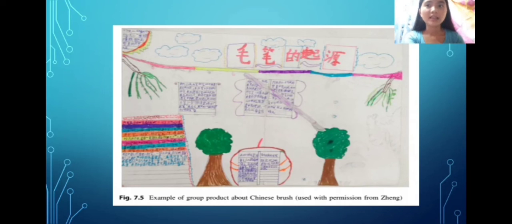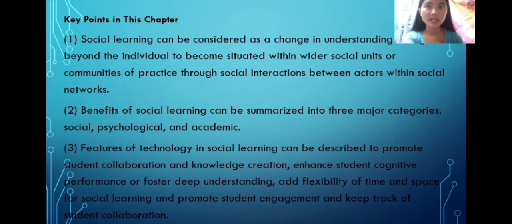And now, let's proceed to the key points in this chapter. First, social learning can be considered as a change in understanding that goes beyond the individual to become situated within wider social units or communities of practice through social interactions between actors within social networks. Next, benefits of social learning can be summarized into 3 major categories: social, psychological, and academic.